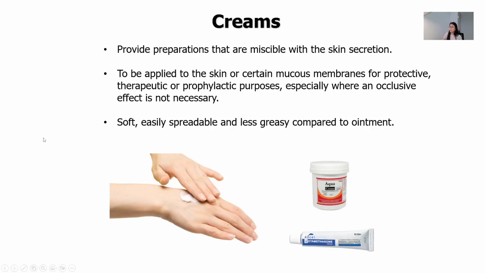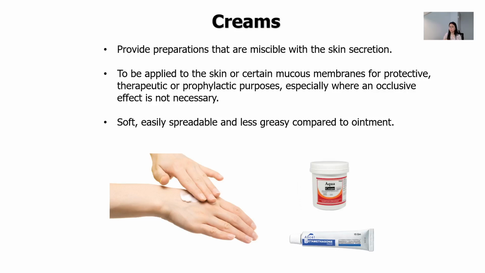Creams are preparations that are miscible with the skin secretions. Usually creams can have the effect of protecting the skin, or they can be for therapeutic or prophylactic purposes. When comparing creams and ointments, creams are less greasy.